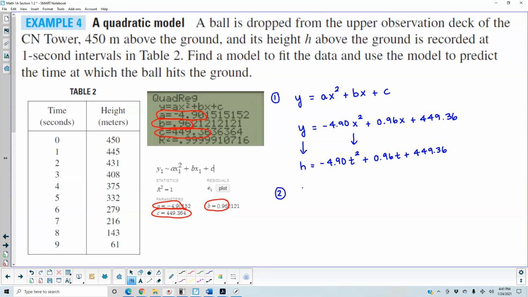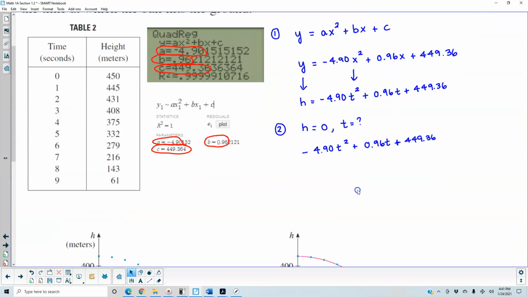When it hits the ground, that means the height is going to equal 0. So we need to figure out what t equals, because we're looking for the time at which the ball hits the ground. So if we set our equation, negative 4.90t squared plus 0.96t plus 449.36, equal to 0, because that's what h is equal to, we're going to have to use the quadratic formula.